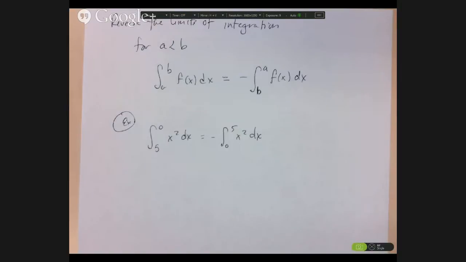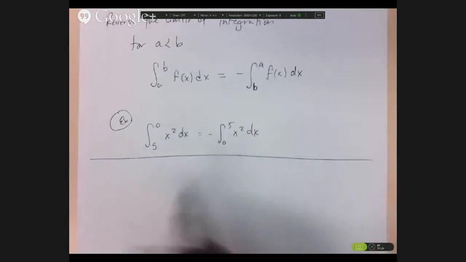It gives you the same answer. Do you want me to finish this problem? Yeah, it's just a setup thing. If you can do the integral, you're money.